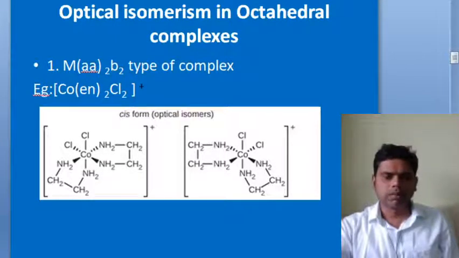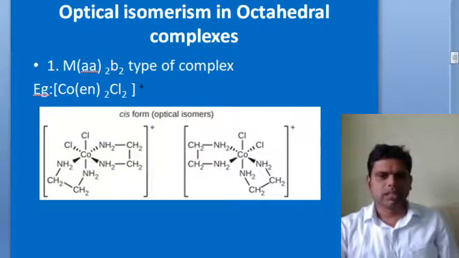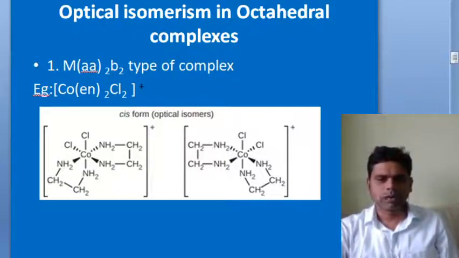Optical isomerism in octahedral complexes with MA2B2 type of ligands, where AA is a bidentate ligand and B is a different ligand from A. So in total, the coordination number is 6 here. Example, Co(en)2Cl2 plus ion.